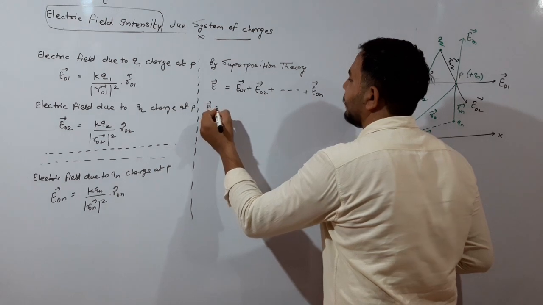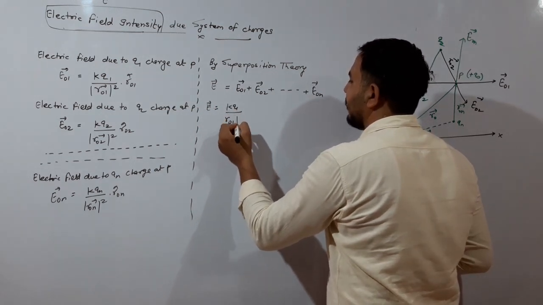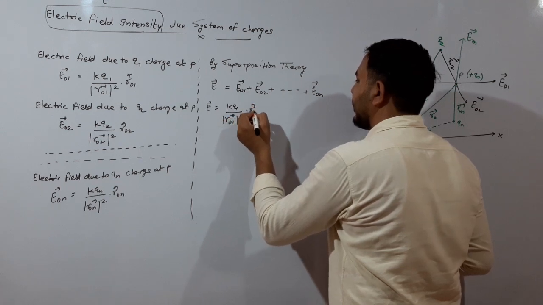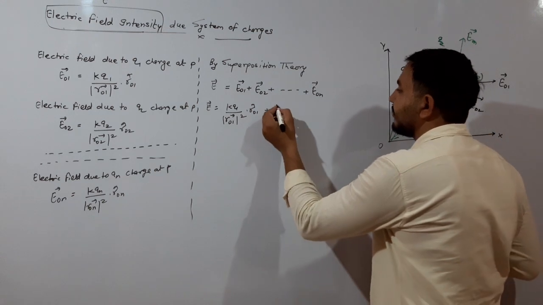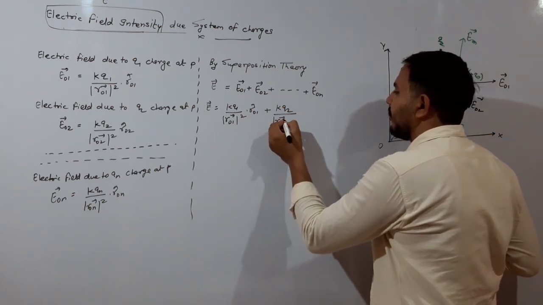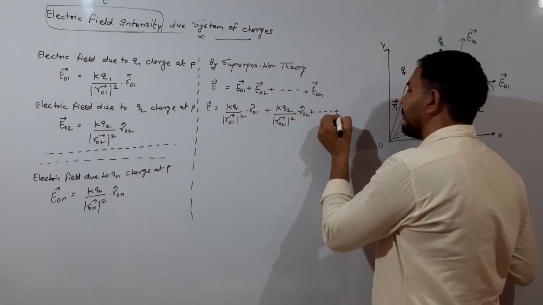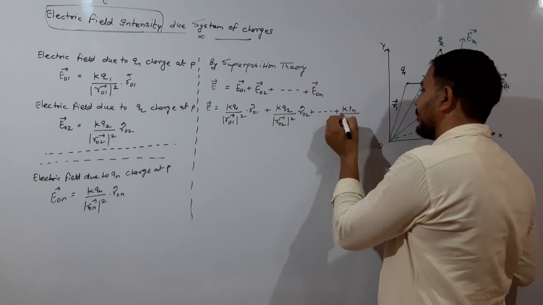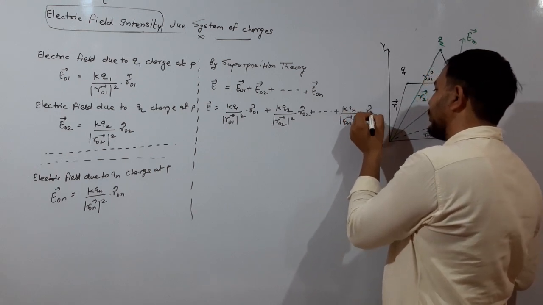Put the value of all: KQ1 r naught 1 vector upon r naught 1 square cap, plus KQ2 r naught 2 vector upon r naught 2 square cap, plus up to plus KQn r naught n vector upon r naught n square cap.